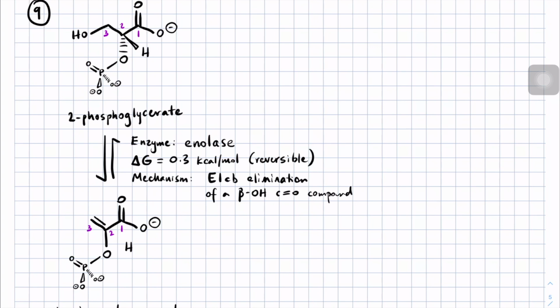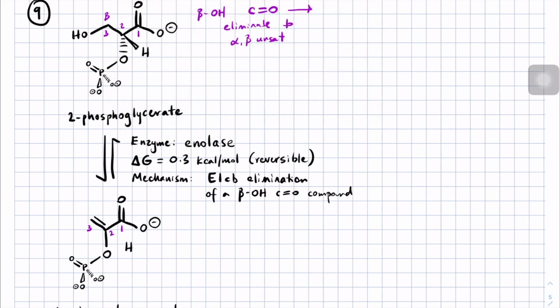If you look at 2-phosphoglycerate, like so many of the intermediates above, this is a beta hydroxycarbonyl compound. And beta hydroxycarbonyl compounds can eliminate to alpha beta unsaturated carbonyl compounds. And the mechanism for that, if you go back and look at chapter 24, is E1CB elimination.